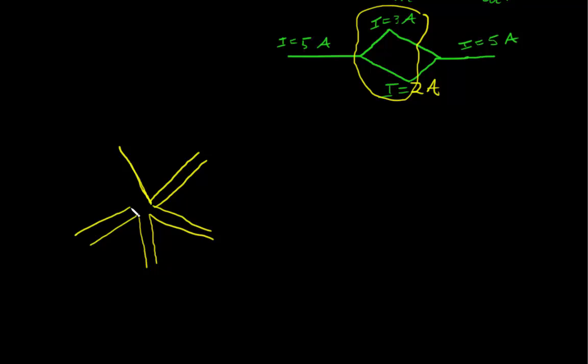Let's see if you can figure out what's going on here. All right, so let's say we had 3 amps going into it. Over here we could have, say, 6 amps coming out. Let's do 4 amps here going in. And we'll do 2 amps coming out. What's going on right here? How much, and in or out?